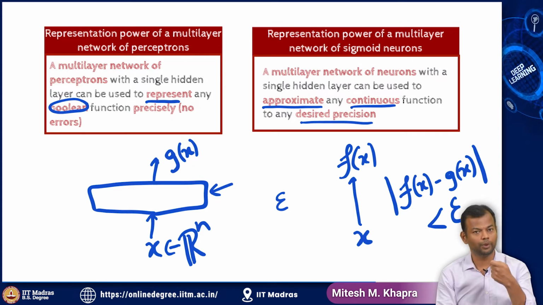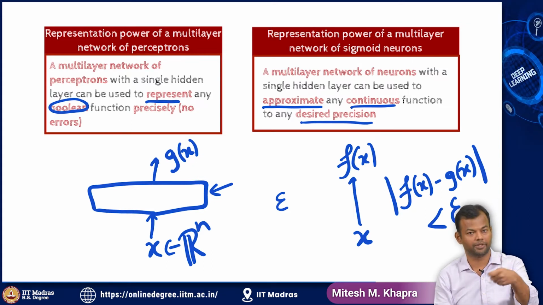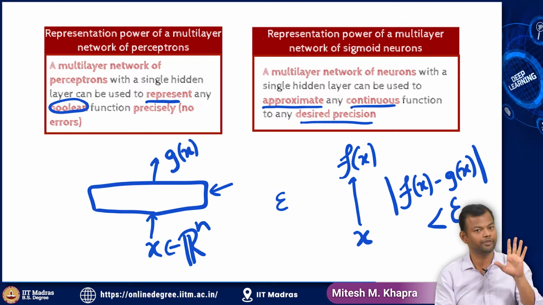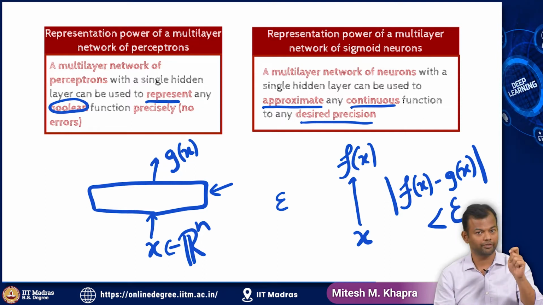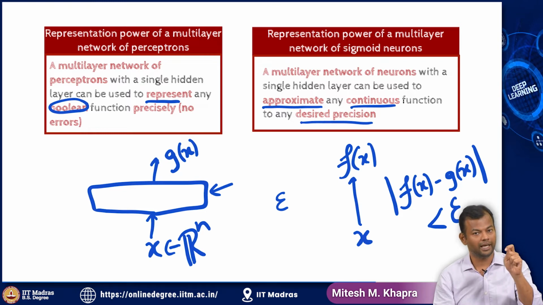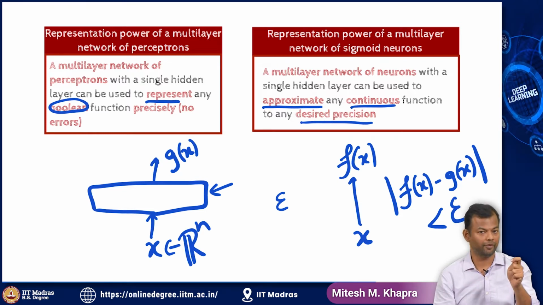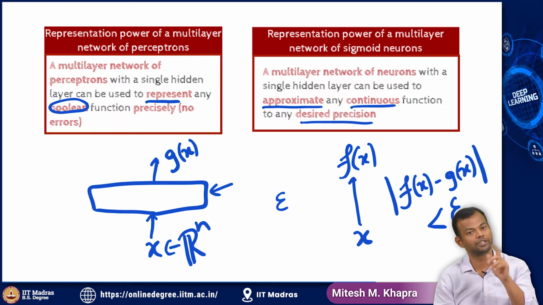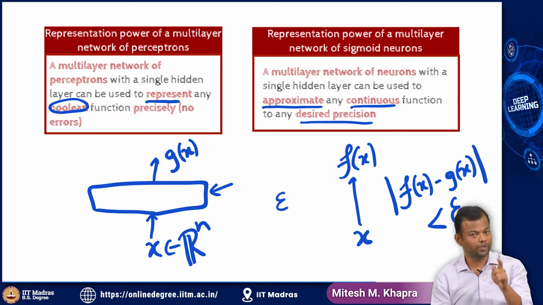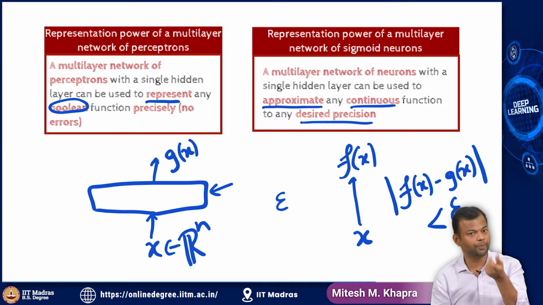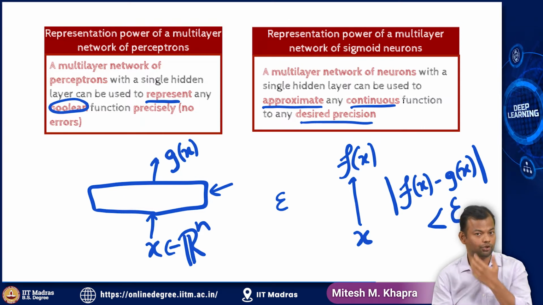So I would be able to approximate it up to the precision of epsilon for any of the inputs that are possible. I'll pass it through my network, I'll get a g of x, and I'm confident that it will not deviate from f of x by more than epsilon. And I can construct such a network. You give me an epsilon, I'll give you a network which will produce an output which is within an epsilon from the true output.